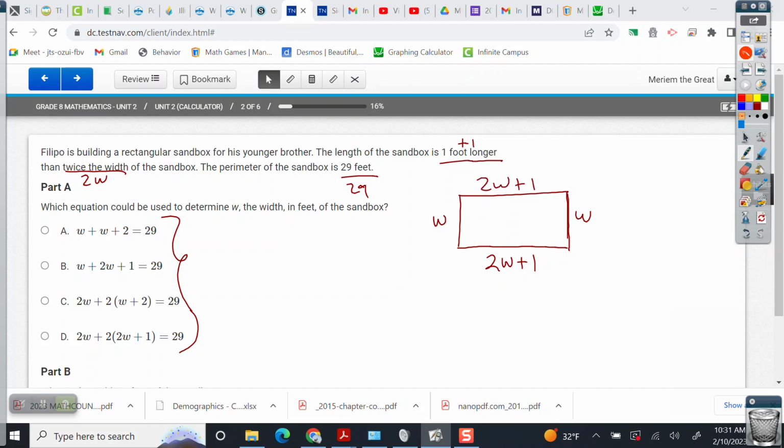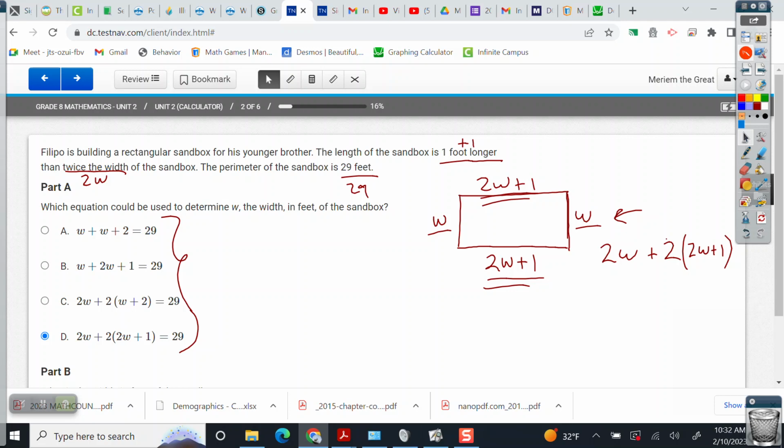Well, I can't help but notice that in this drawing I've got 2 W's, and I'm going to add that to 2 of these things, and that's 2 times (2W plus 1). All right. Oh, no way! Look at this! That's an answer choice. That is so cool. So we're good to go.